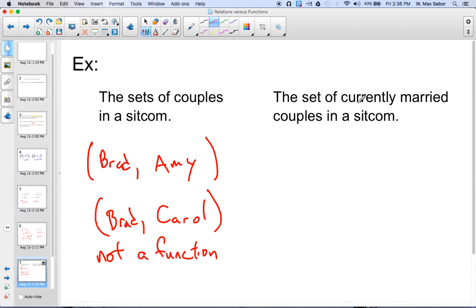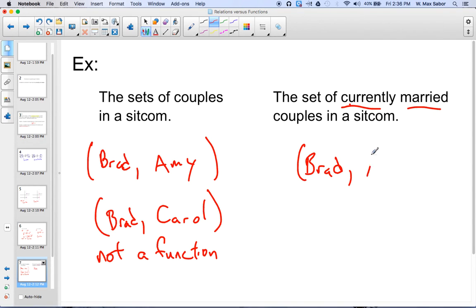But if we talk about currently married couples, and I had to put both of these words because sometimes people marry and then divorce and then remarry in a sitcom, but I don't really see cases where one person's married to two people simultaneously. So when we talk about who this person is married to, well, Brad can only be married to one person.